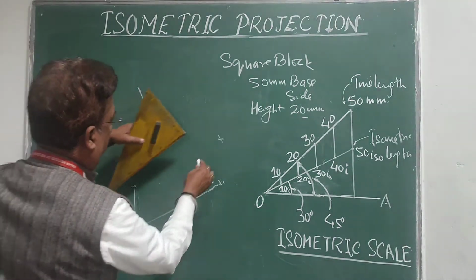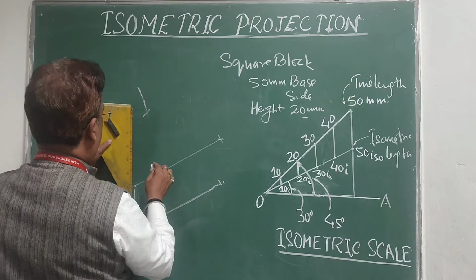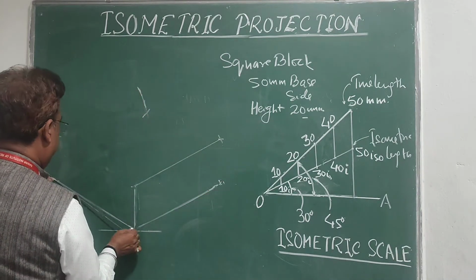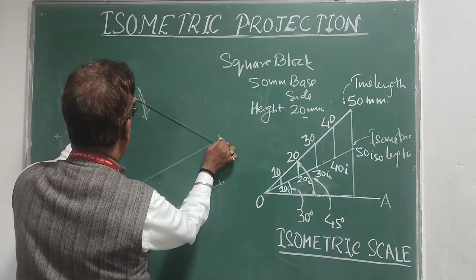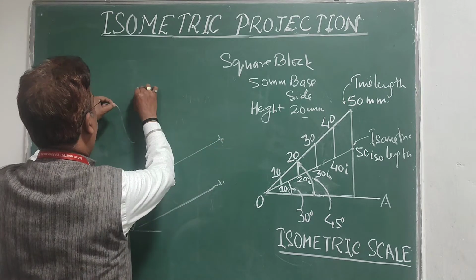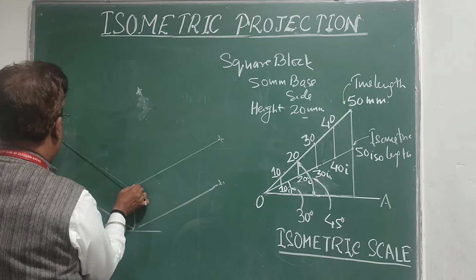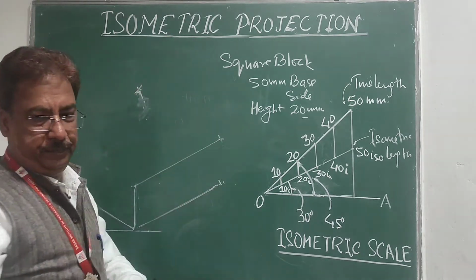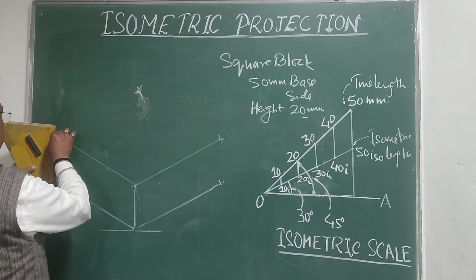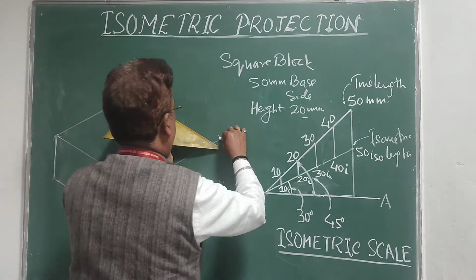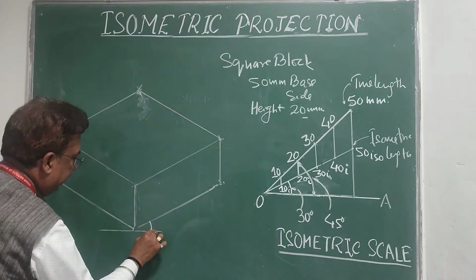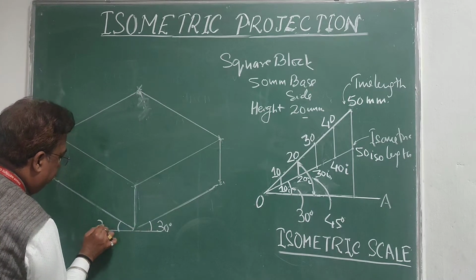What you have to do is draw lines parallel to these lines. I have drawn these two lines at 30-degree incline to the reference line, representing two isometric axes.